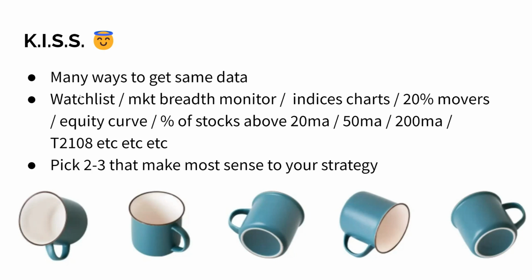And so what I have done is to pick the 2 or 3 that make most sense to me and are most relevant to my strategy. And say you've picked any 3 of these that you understand best and find most reliable to your style of trading, you're going to end up with the same data as if you used all of these. So try to keep it simple and don't get lost in the weeds.